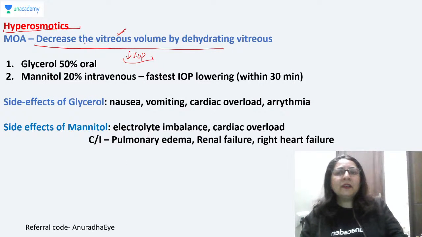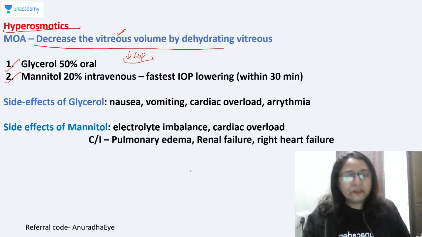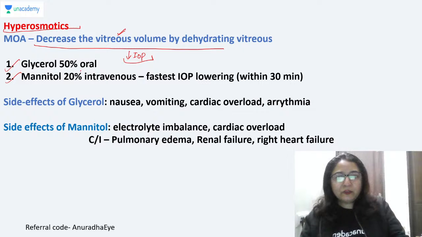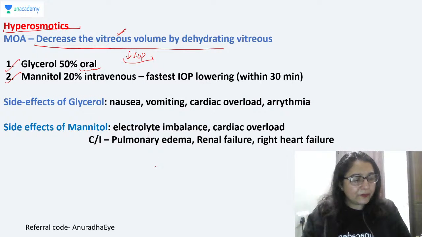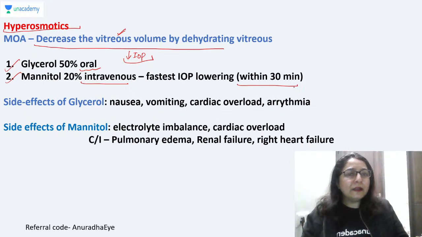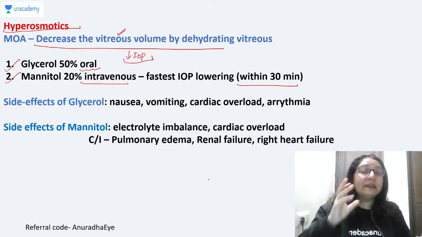And what are the two major hyperosmotics which are used? One is your glycerol, which is used in 50% concentration given orally. The second is your mannitol, which is used as 20% concentration given intravenous. Now mannitol can bring a very high intraocular pressure to normal range within 30 minutes.